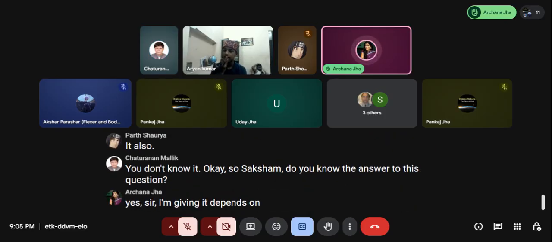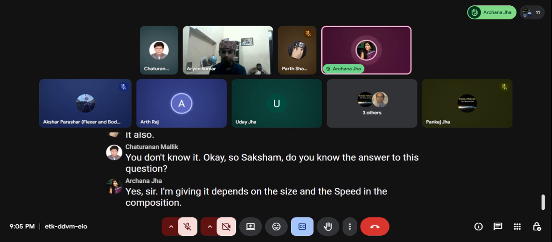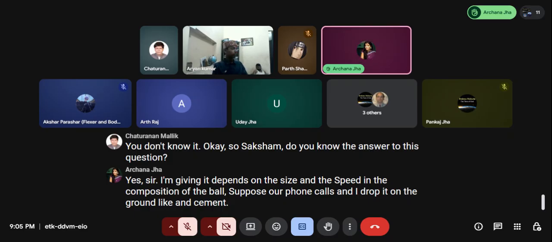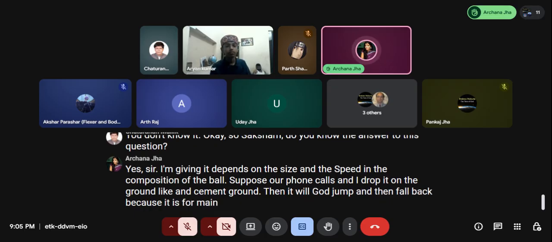It depends on the size, the speed and the composition of the ball. Suppose I have a sponge ball and I drop it on a cement ground, then it will jump and fall back because it is made of rubber and some lightweight particles.